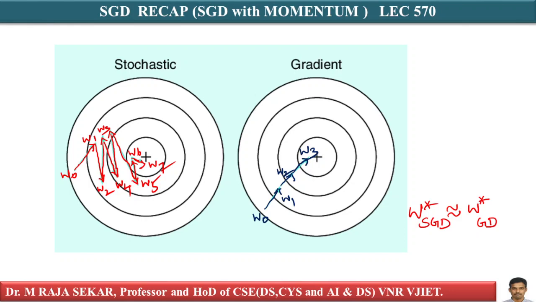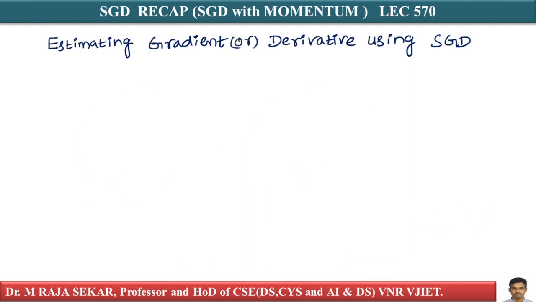It's an approximation. So what's happening here is the estimates of derivatives. You are estimating your gradient or derivative. Gradient or derivative means the same thing, isn't it? Estimating the gradient using stochastic gradient.